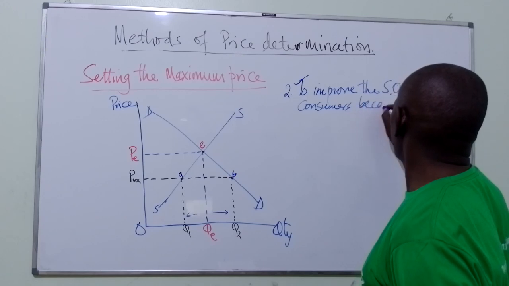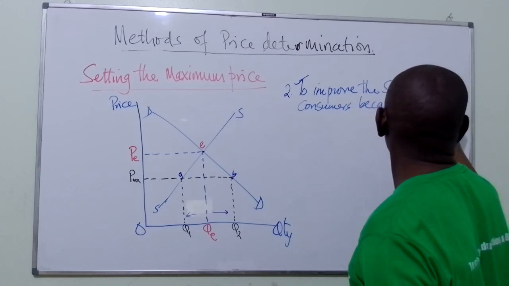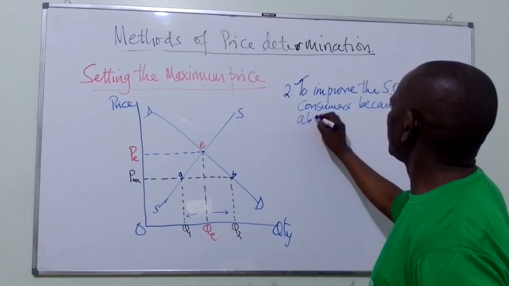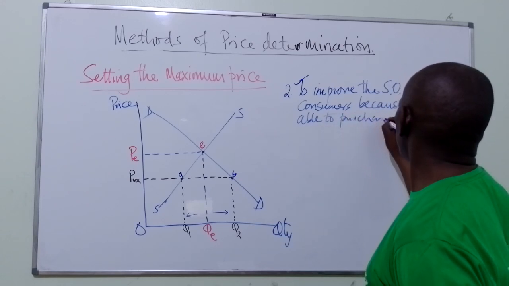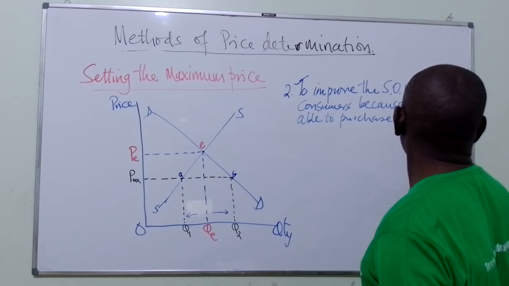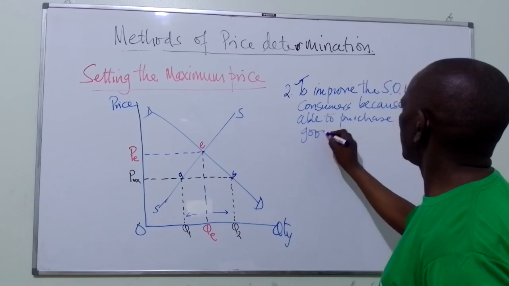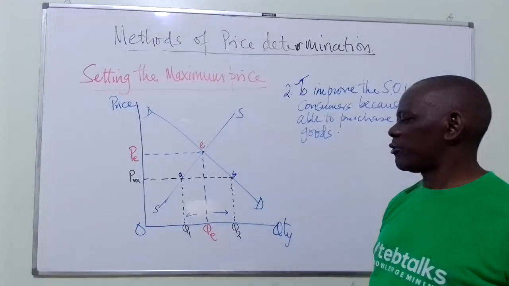Because they will be able to purchase other various goods. He was paying this for less output.